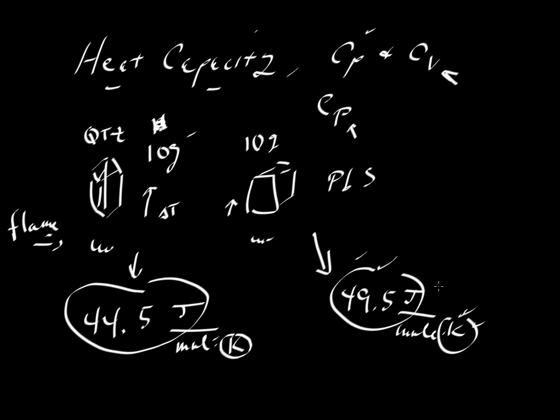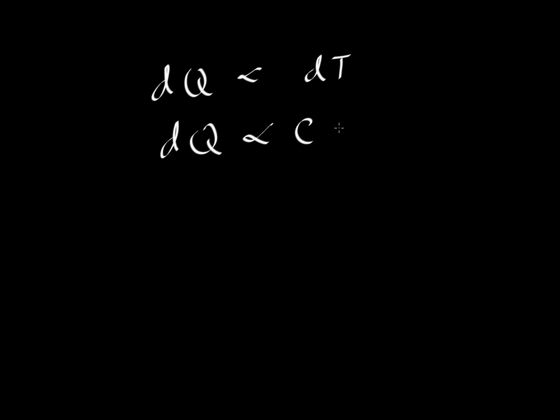So let's take a look at the theory. This comes from the idea that any change in heat should be proportional to some change in temperature. And if we want to make these two things equal, we can add a proportionality constant, and we'll call it C. So we would say that C is what makes these two things equal.